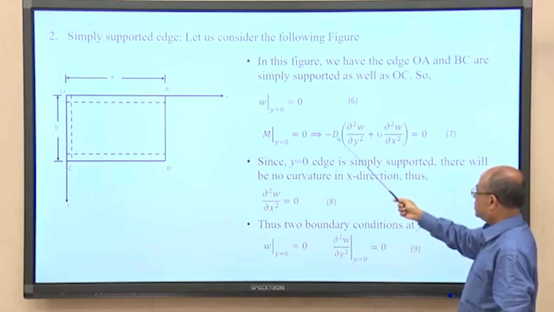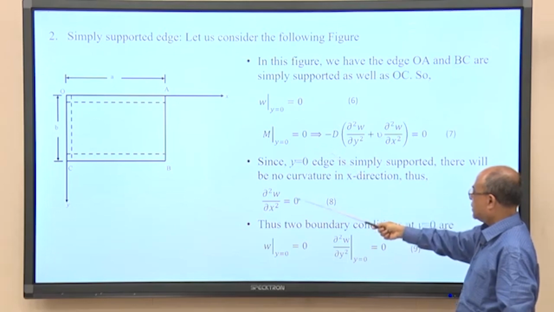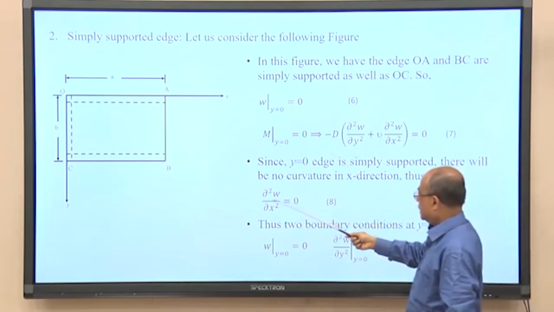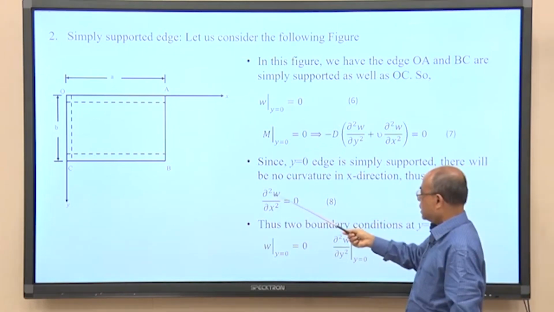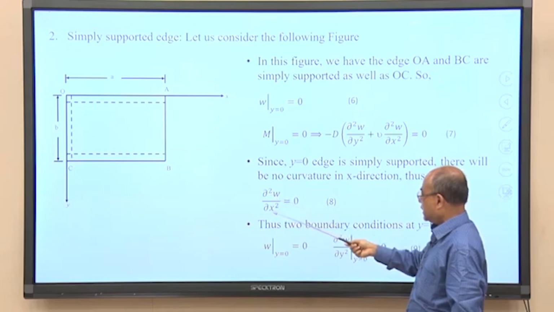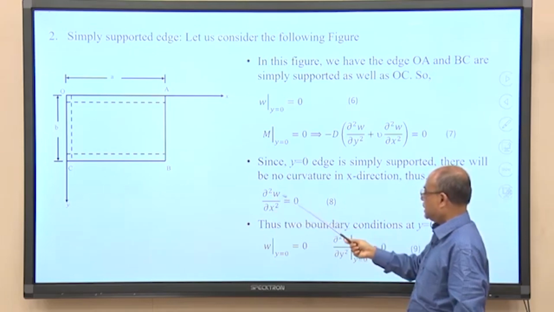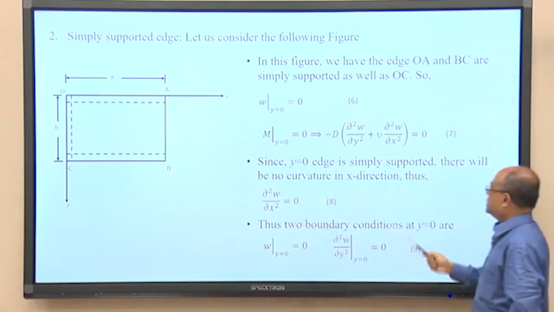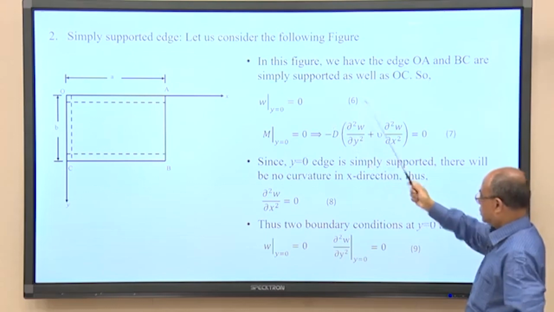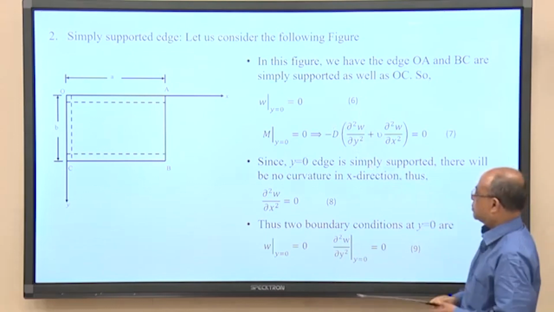Hence, the second condition is simplified to the equation del square w by del x square equal to 0, the second derivative of w with respect to x equal to 0. This is the condition at y is equal to 0. So, we got two conditions at y is equal to 0.